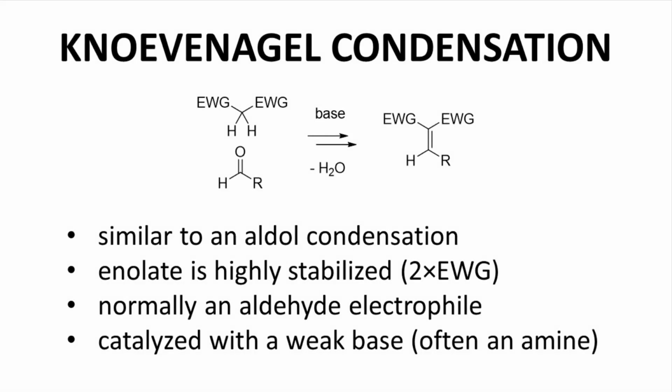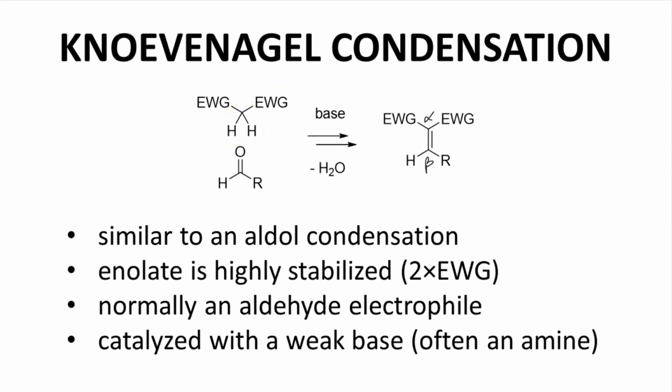The Knoevenagel condensation is a type of aldol condensation, so the product is often an alpha beta unsaturated ketone or similar compound. The enolate in the reaction is stabilized by two strong electron withdrawing groups, often a ketone, ester, nitrile, or nitro groups. To perform the condensation, the central carbon must be a CH2 group, a methylene.